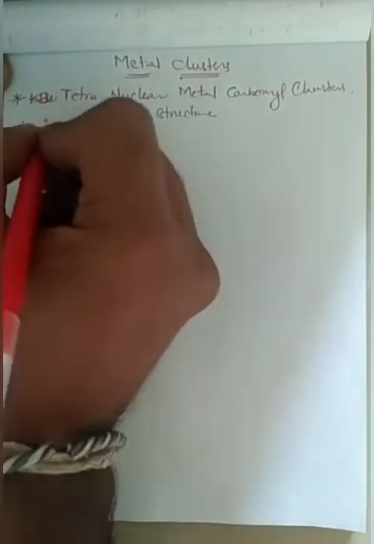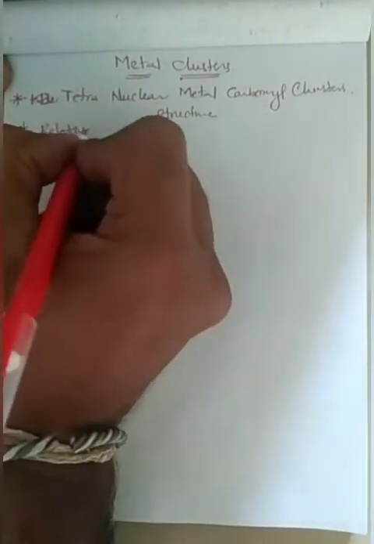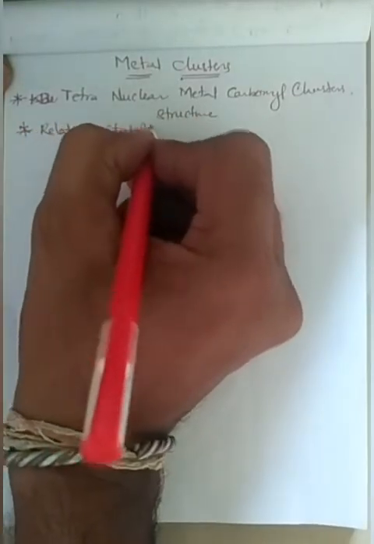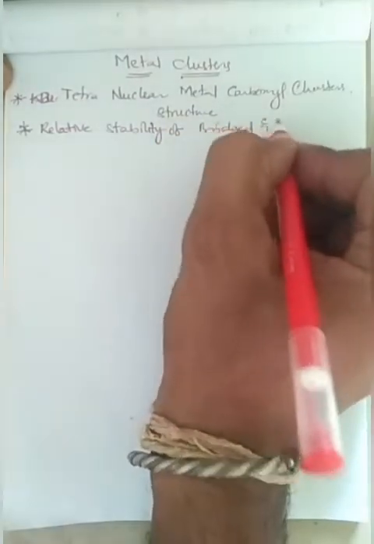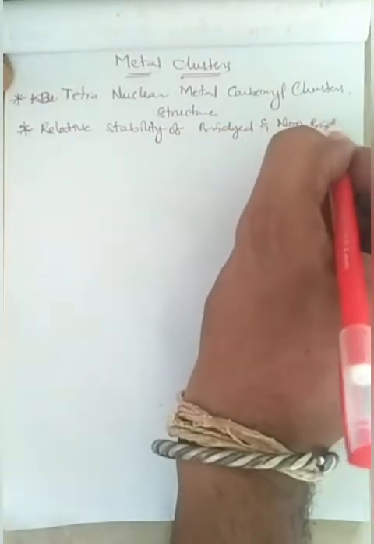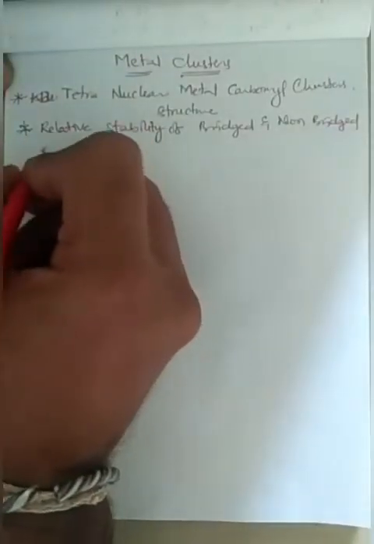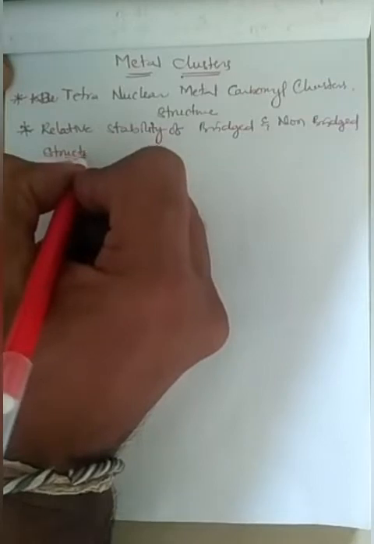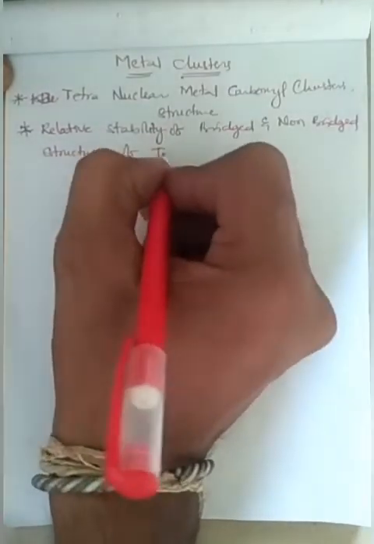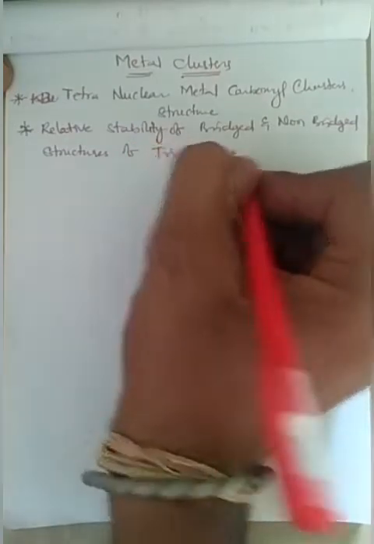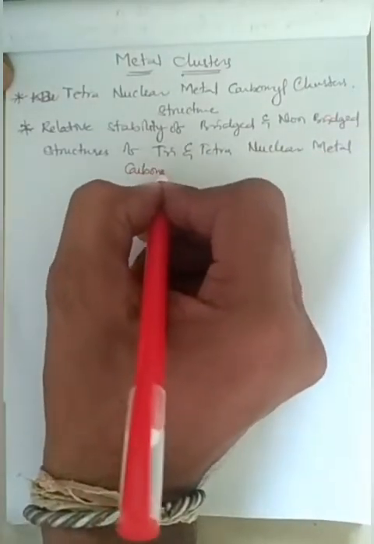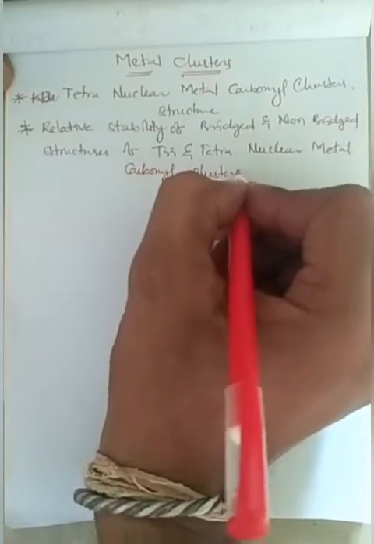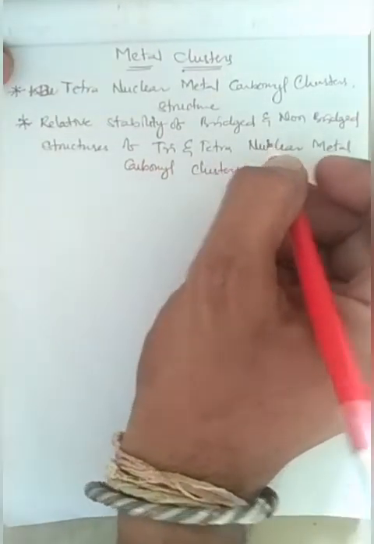And I explained the relative stability of bridged and non-bridged structures of tri and tetra nuclear metal carbonyl clusters. Last class we have discussed this.